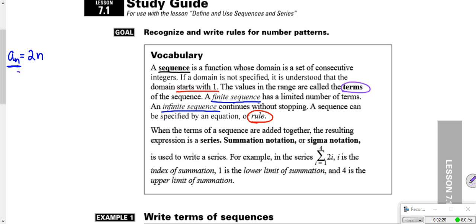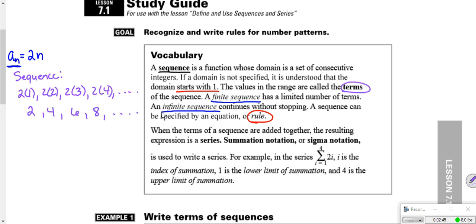So our sequence would look something like, if we start with the number 1, it'd be 2 times 1, and then 2 times 2, and then 2 times 3, and then 2 times 4, dot, dot, dot. So this would be my sequence.